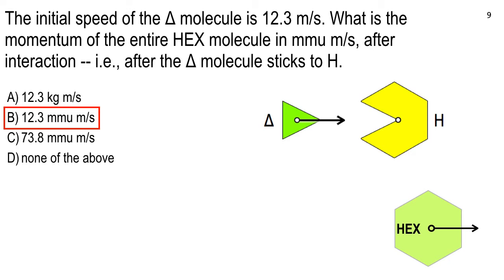They have mass, but they don't have any momentum, not yet. After the interaction, all the momentum is going to be in the entire hex molecule, the hexagon pictured. But it's going to be more massive. It's got 6 times the mass of the delta molecule. So you're going to move off at a slower speed. V new is going to be a little bit lower.